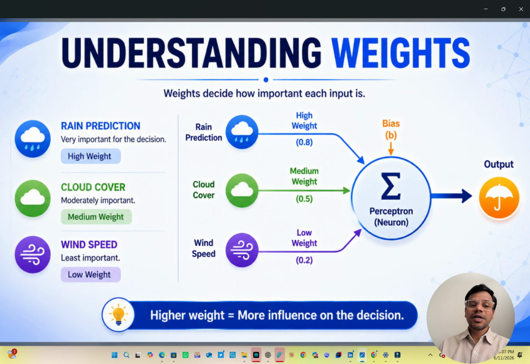Cloud cover is useful, but slightly less important. And in the same way, wind speed might matter even less, right? Therefore the rain prediction gets a higher weight, cloud cover gets a medium weight, and wind speed gets a lower weight. During training, the AI system automatically learns these weights from the data. This learning process is what allows machine learning models to improve over time.